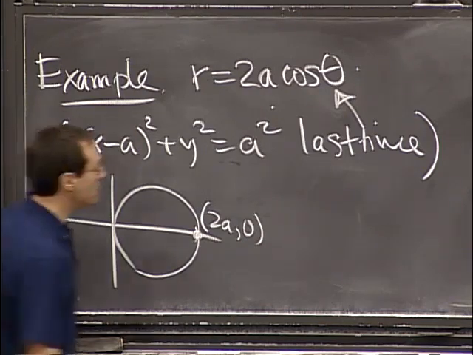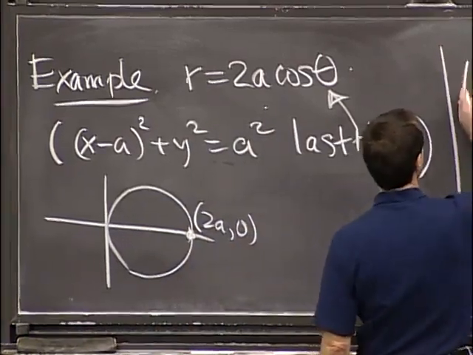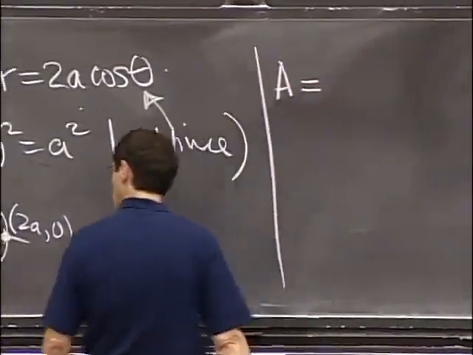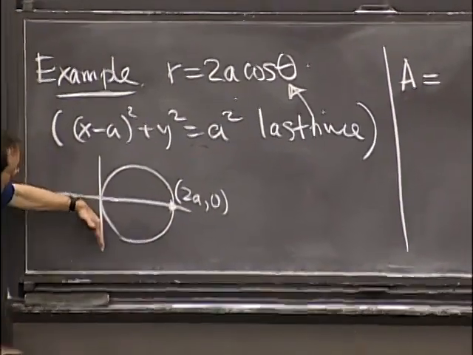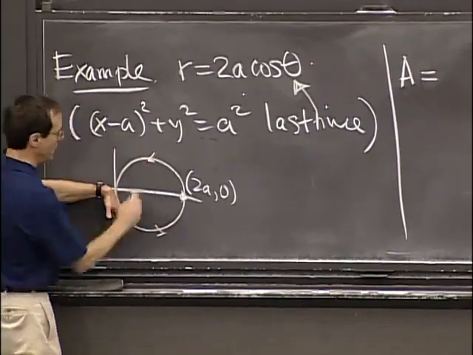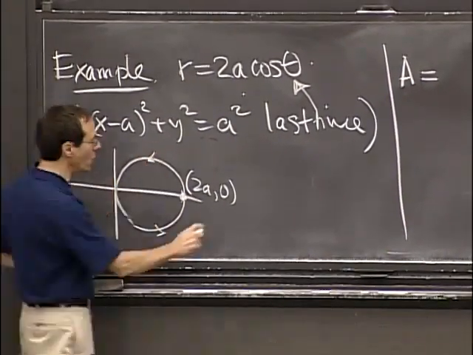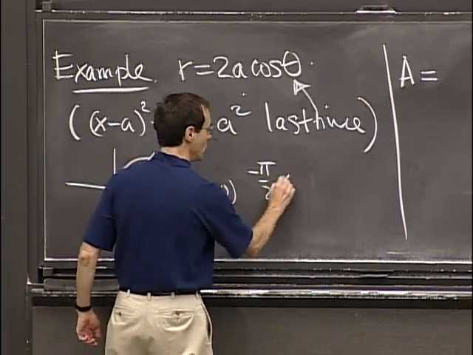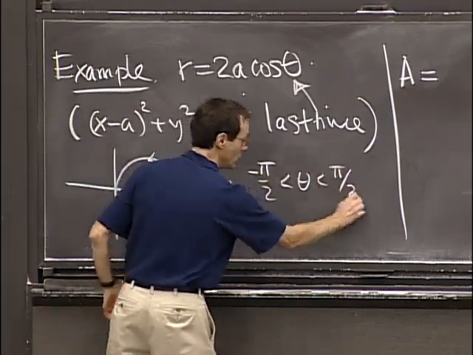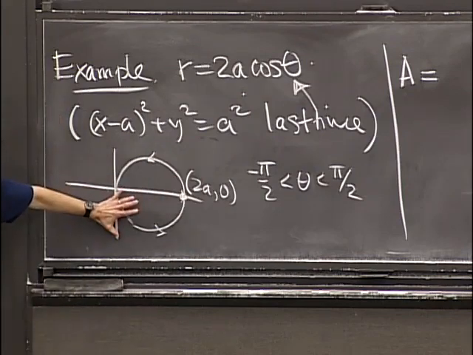All right, so let's figure out what the area is. Well, first of all, when we sweep out the area, we have to realize that we only go from minus pi over 2 to pi over 2. So that's something we can get from the picture.